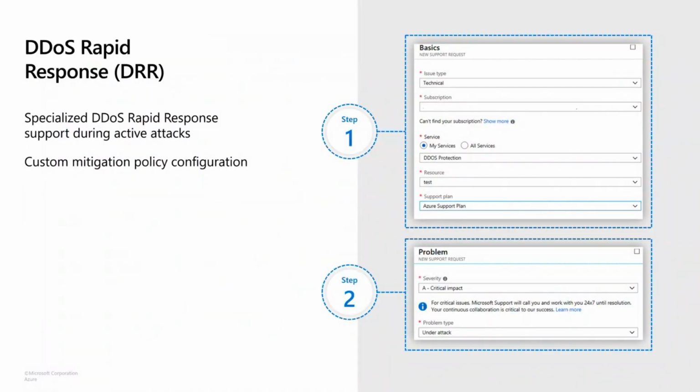We talked about DDoS rapid response. So if you have DDoS network protection enabled and you suspect you are seeing a DDoS attack, right? Just because it's increased traffic doesn't mean it's a DDoS, but that's where we want to start looking into it. And if you need help, you can open a SEV-A ticket and engage our DDoS rapid response.